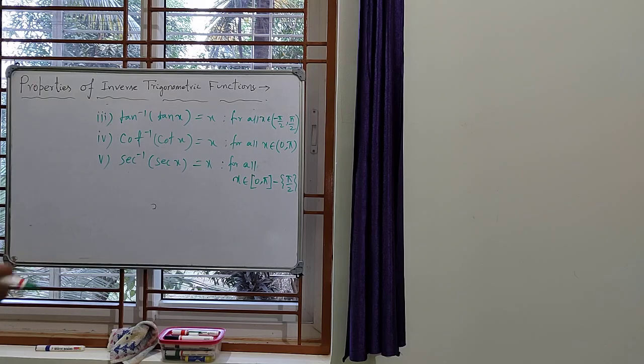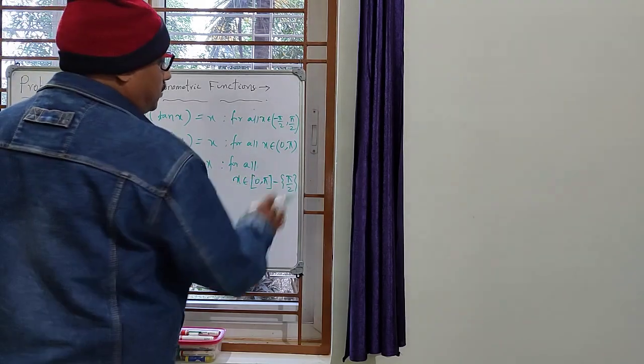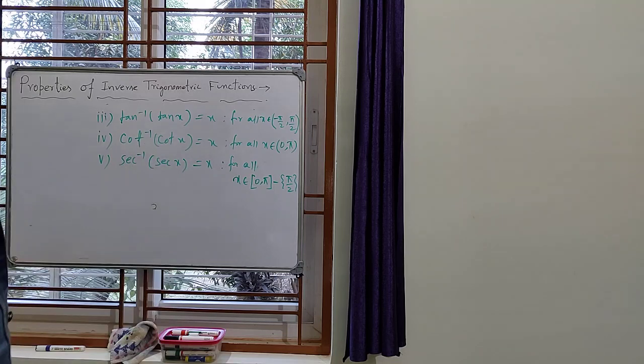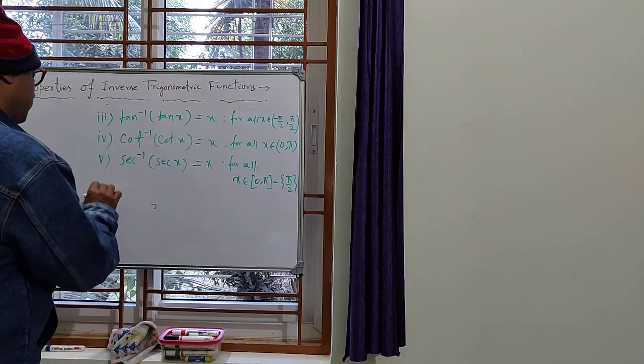Sec x is undefined when the x value is pi by 2. So the pi by 2 value is going to be excluded.